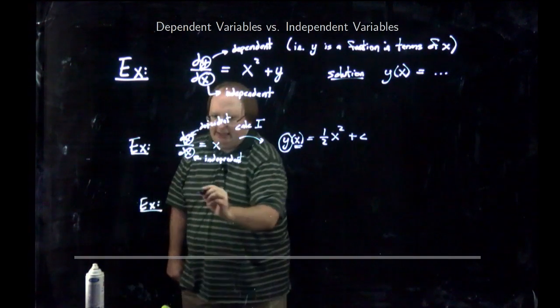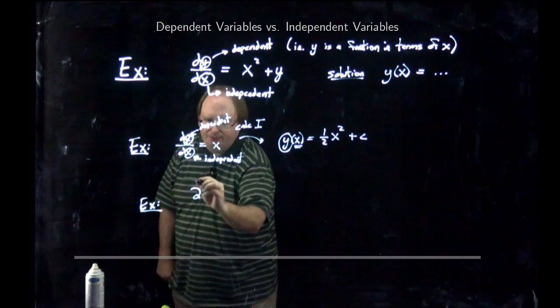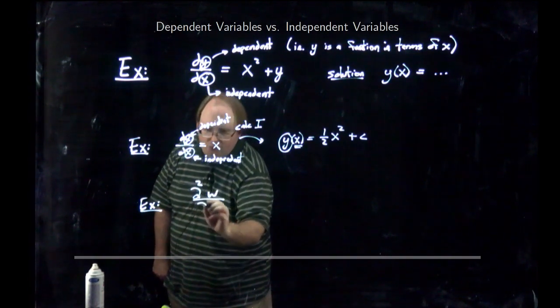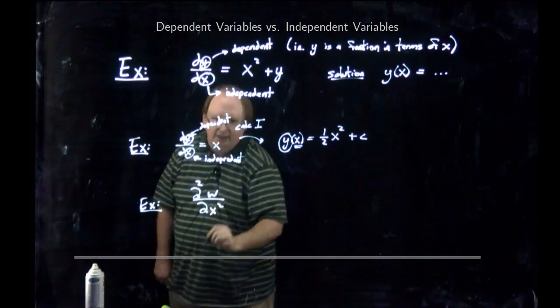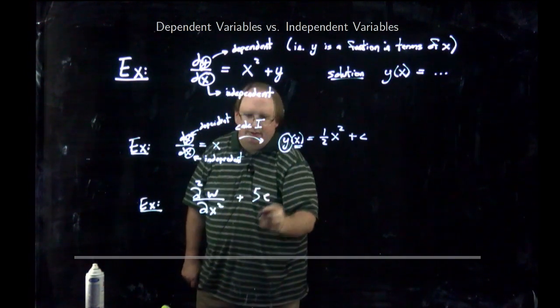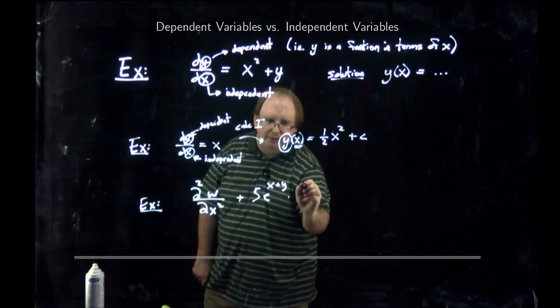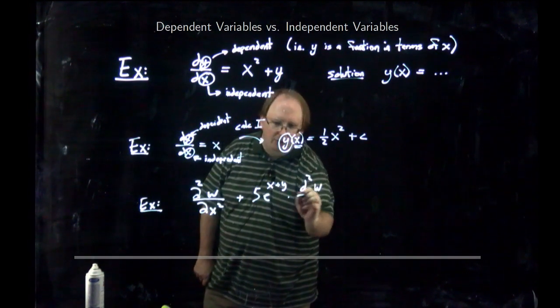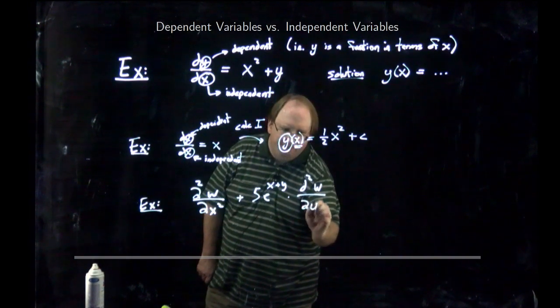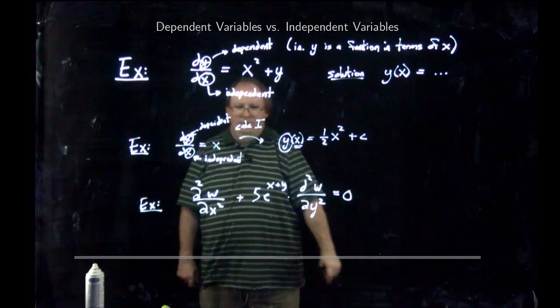If I were to say, let's take the second partial of w with respect to x plus 5e to the x plus y times the second partial of w with respect to y is equal to 0.